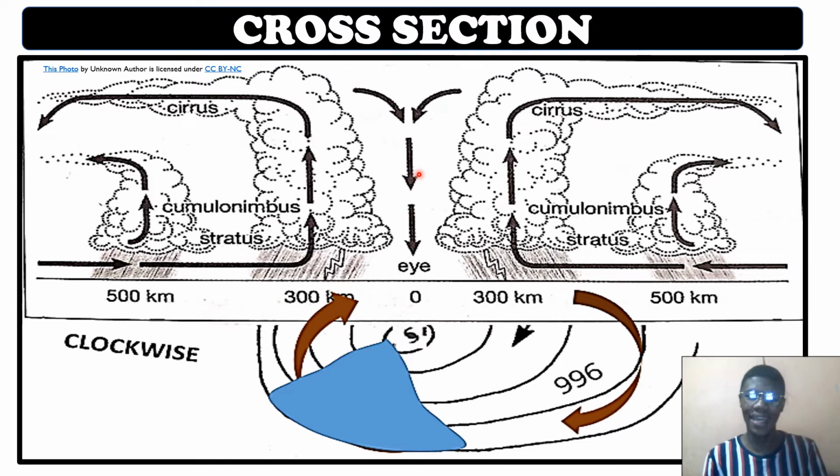And as it sinks, it warms up adiabatically. And what does adiabatic heating mean? It means that for every 100 meters the air travels downslope, it's going to increase in temperature by 1 degree Celsius. So that's what adiabatic heating means. For every 100 meters the air goes downslope, it's going to increase in temperature by 1 degree Celsius.